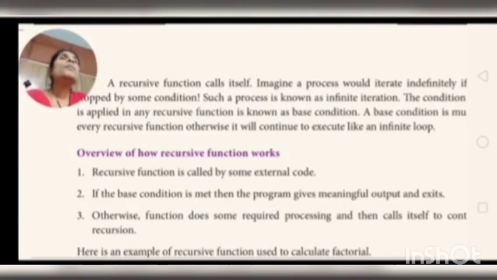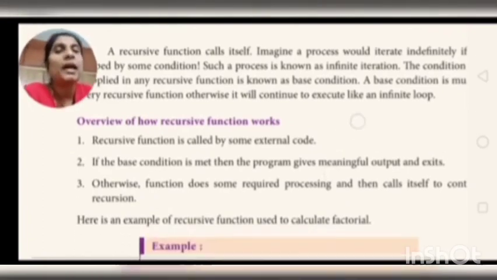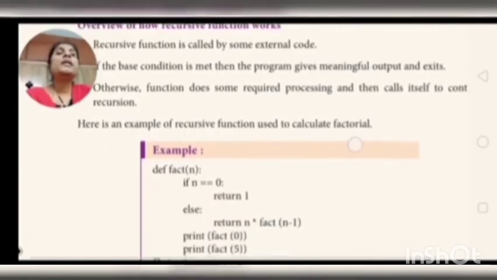That is, some function call from another function will call this function. Next, some condition will be met. If that condition is met, then this function will stop, and it will exit. If that condition is not met, then until it is met, it will be repeated again and again. So that is a recursive function.